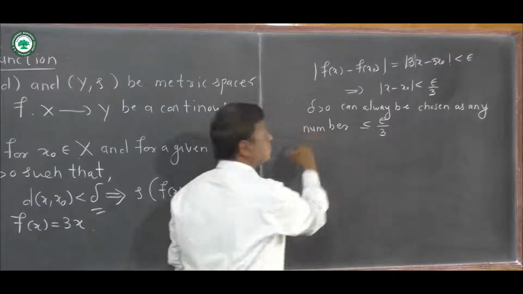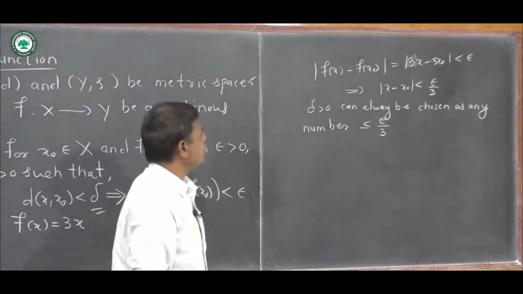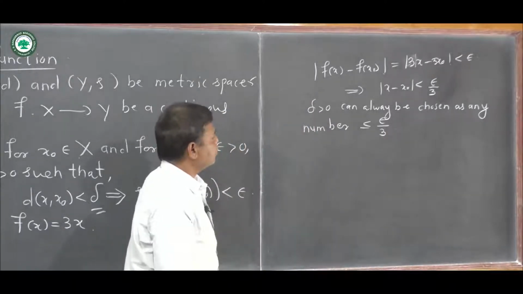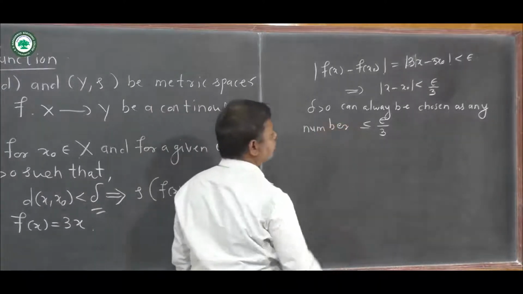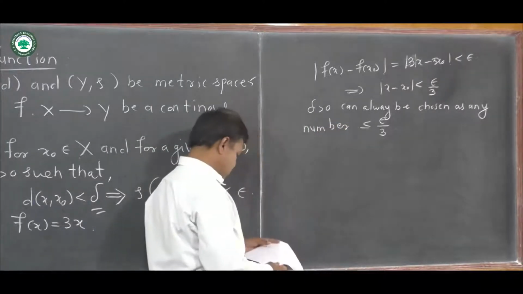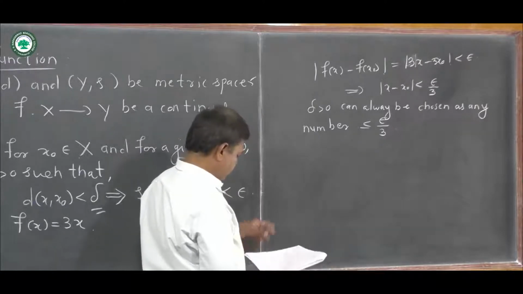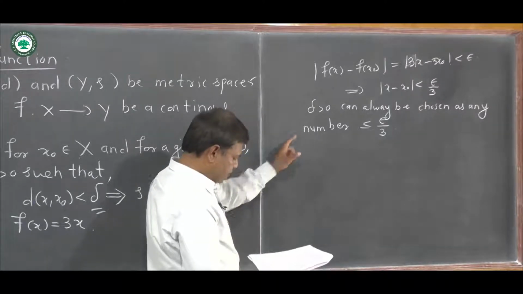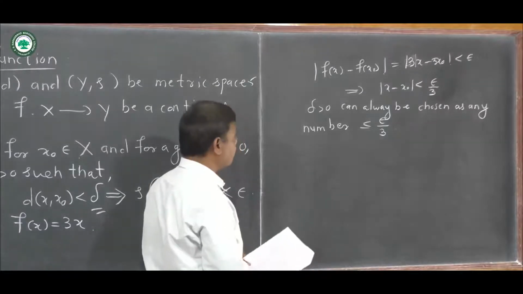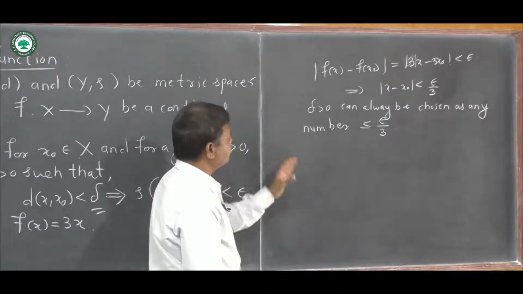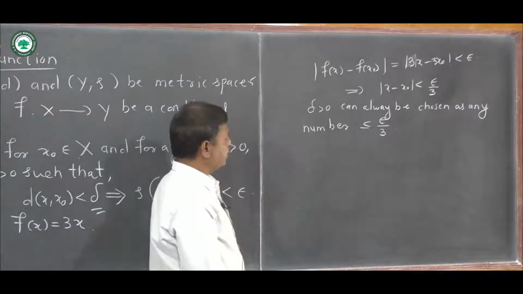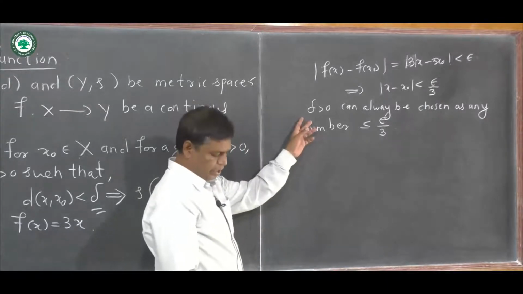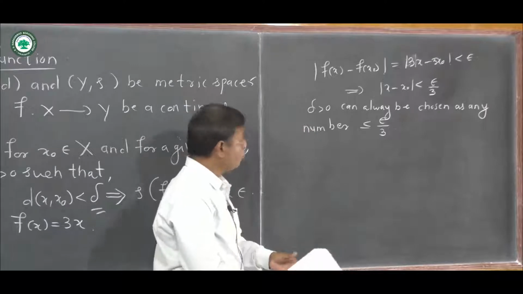So this tells us that delta depends on epsilon here. That is, this real number delta depends on real number epsilon. So if we keep this epsilon fixed and move to another point different from x naught, then it may happen that this delta no longer works.